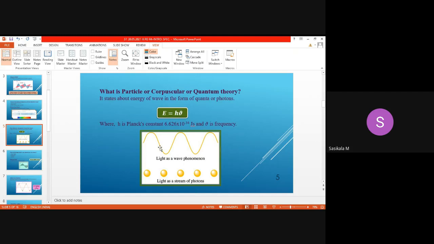So when the number of quanta or photons is increased, the energy of the wave will also be increased. That is the concept behind quantum theory. When frequency increases, energy will be increased. So when the number of photons is increased, the energy of the electromagnetic radiation passed to the sample will be increased. That is explained with quantum theory. Quantum theory is otherwise known as corpuscular theory or particle theory.